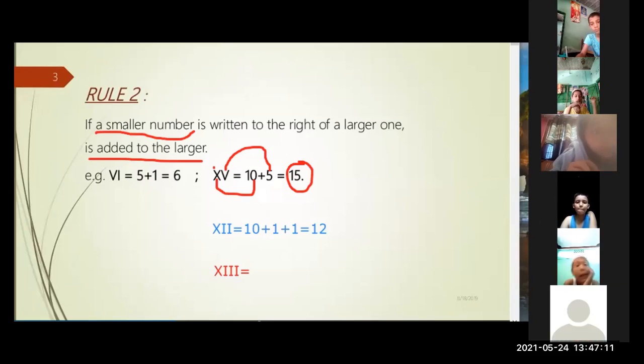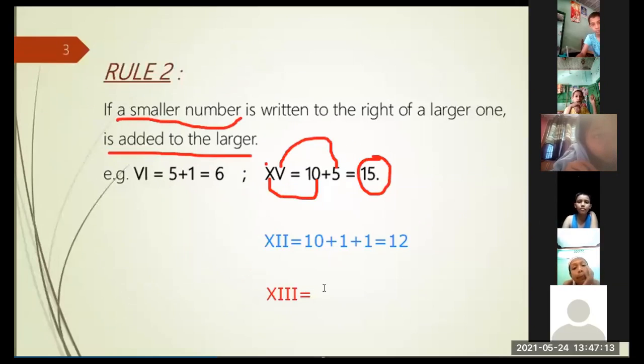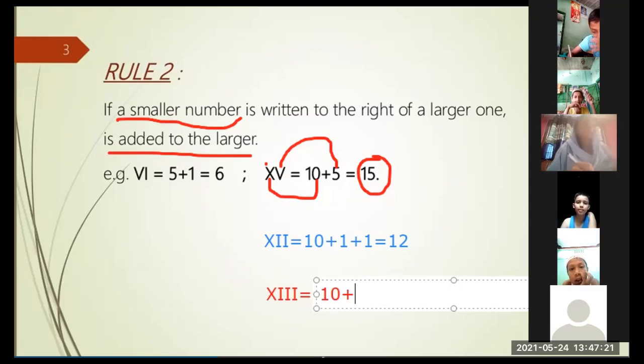Okay. Now I'll write. So X value is 10. Correct. Then plus. After writing plus, I value is what? 1. Very good. Then again plus.